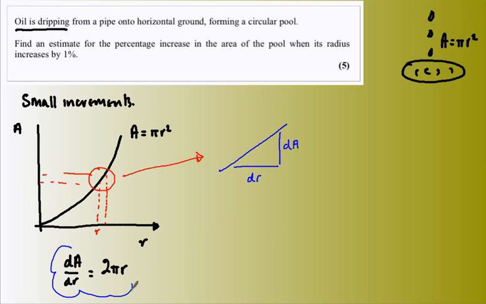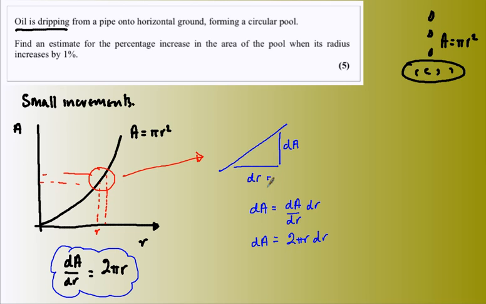This formula for small increments, what I can say is that my small increment dA will be equal to the gradient dA/dr, which I'm imagining now is straight, times dr. So my dA will be 2 pi r, gradient, times dr.